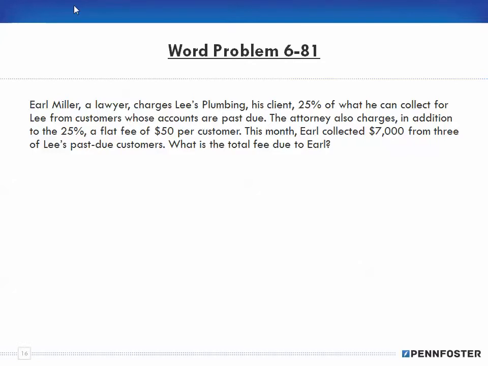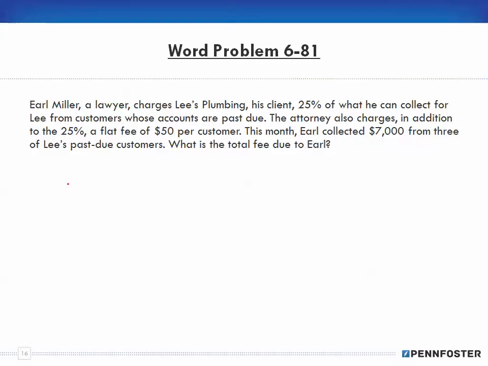Problem 81. Earl Miller, a lawyer, charges Lee's Plumbing, his client, 25% of what he can collect for Lee from customers whose accounts are past due. The attorney also charges, in addition to the 25%, a flat fee of $50 per customer.